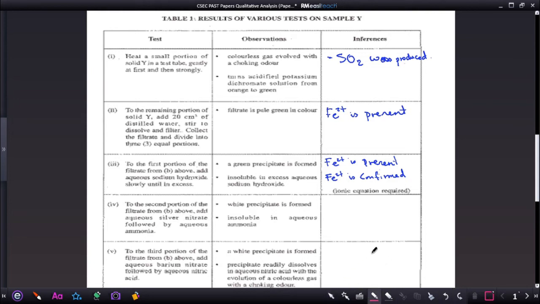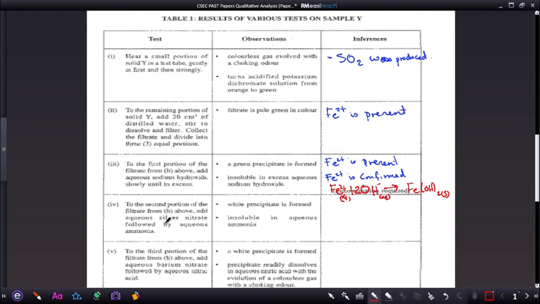So it would be Fe2+ plus the hydroxide ion to give Fe(OH)2 solid, and the 2 right here to balance the equation. This should be aqueous, this should also be aqueous. Okay.